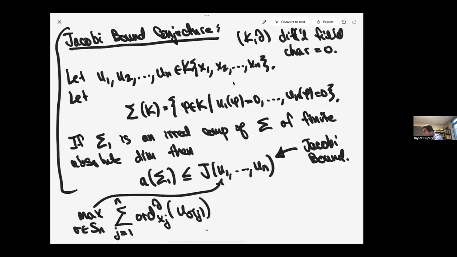Okay, and then there's a long history of work on the Jacobi bound conjecture. It was stated as a theorem in a manuscript of Jacobi in 1865. And then in 1935, Ritt realized that Jacobi didn't have a rigorous definition of order.